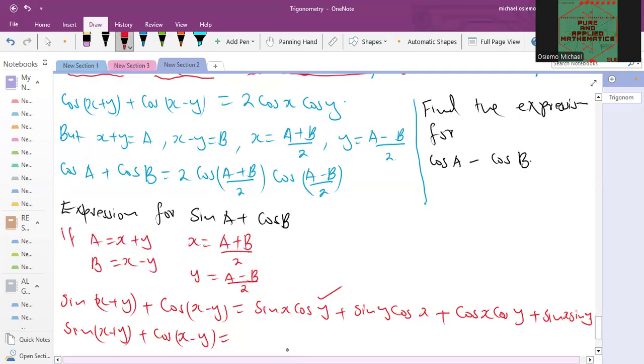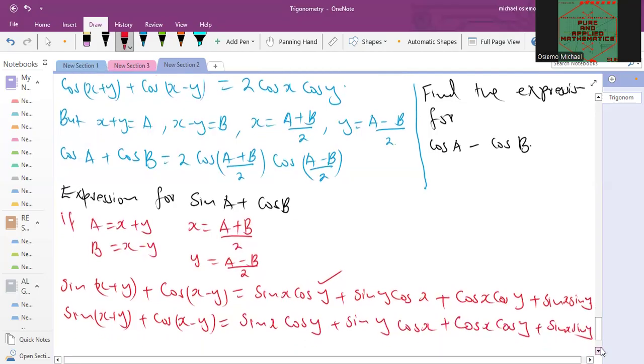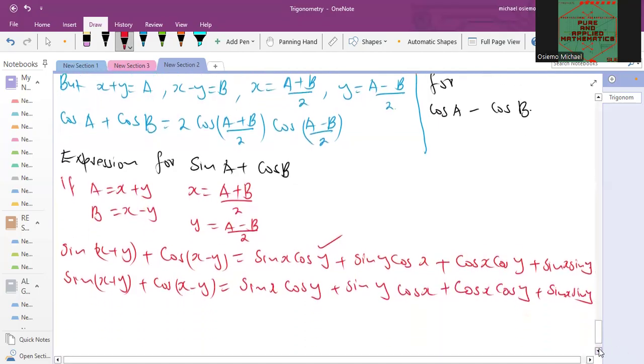We still remain with sin x cos y plus sin y cos x plus cos x cos y plus sin x sin y.